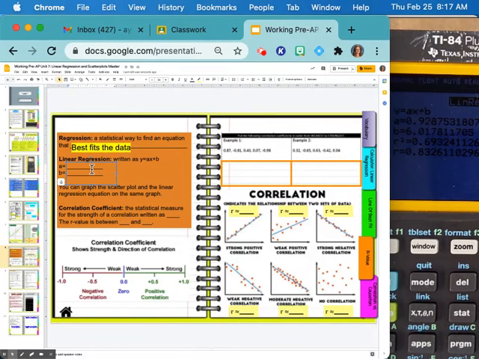Linear regression, written as y equals ax plus b. The a represents the slope or our rate of change. And then our b represents our y-intercept.